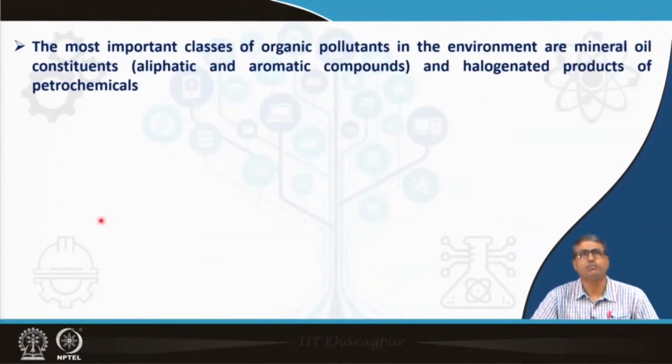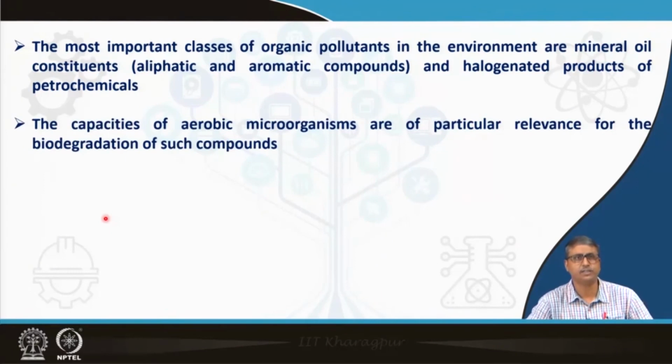Now, the most important classes of organic pollutants in the environment are different types of mineral oil constituents, like, as we presented earlier, the aliphatic and aromatic compounds, the halogenated and substituted molecules which are derived from petrochemicals and allied industries. The capacities of aerobic microorganisms are of particular relevance for the biodegradation of such compounds, because of the role of oxygen.